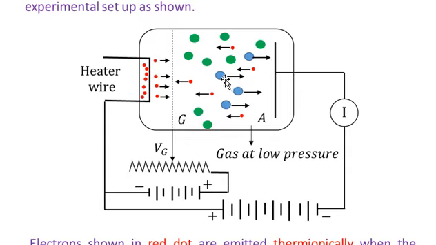Since these are positively charged mercury ions, they move towards the anode plate A, and so the current is detected. Once the current is detected, we immediately notice that the grid voltage we have applied, and the energy e times Vg the electrons have acquired, is sufficient to ionize the mercury atom.